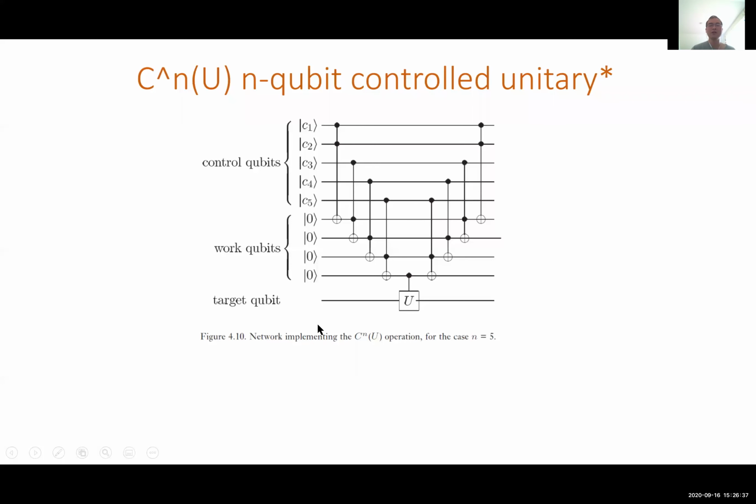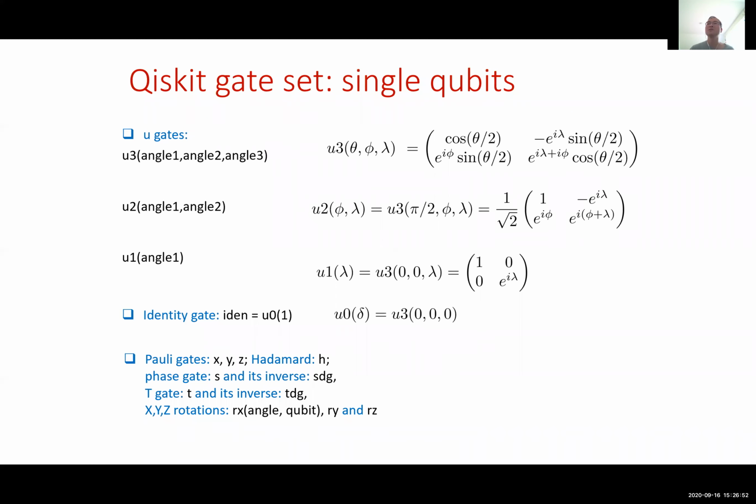Okay, and if you don't want to use the work qubits, it's more complicated, but it's possible. There are some exercises in the book of Nielsen and Chuang that you can look up. Okay, so any questions?